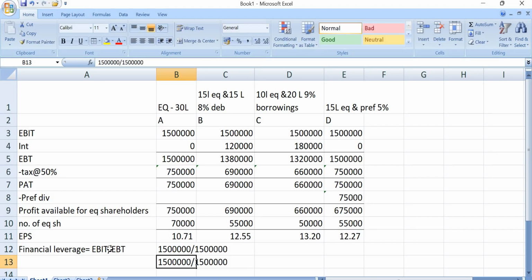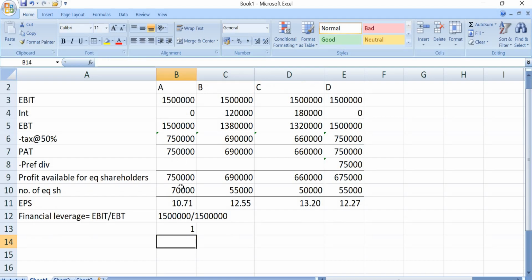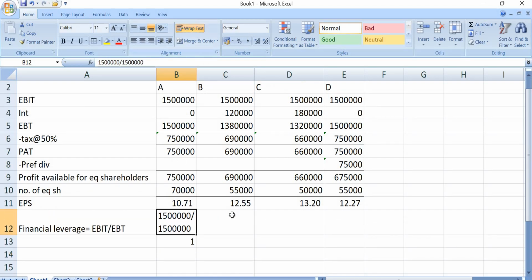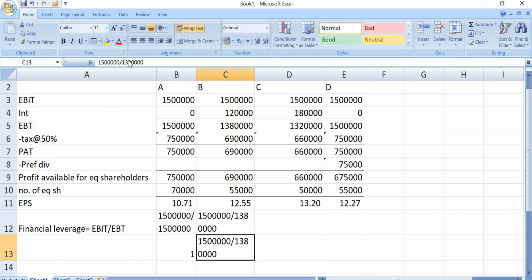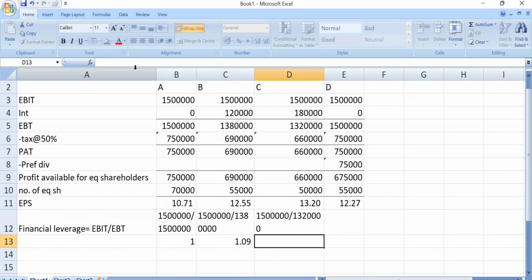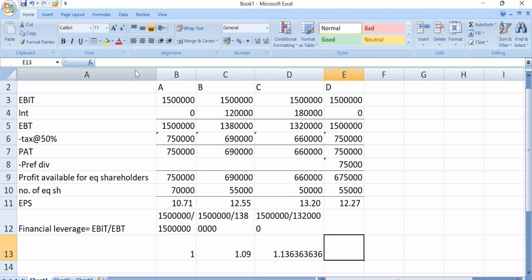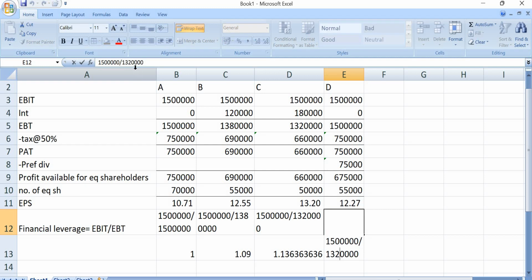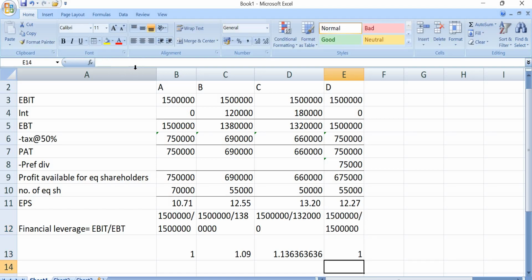So in this case both are the same, so I will get the answer 1. In the next case, 15 lakhs divided by my EBT of 13 lakh 80,000 gives 1.09. In the next, my EBIT 15 lakhs divided by 13 lakh 20,000 gives 1.13. And in the last, 15 lakhs divided by EBT, again 15 lakhs, so again it will be 1.